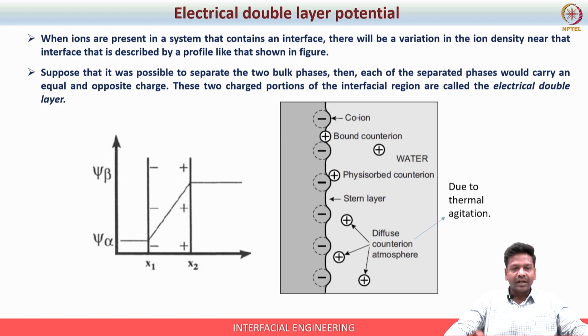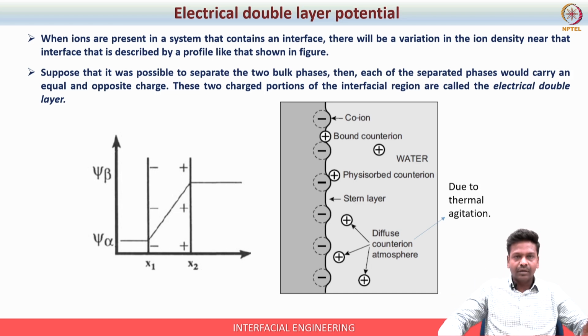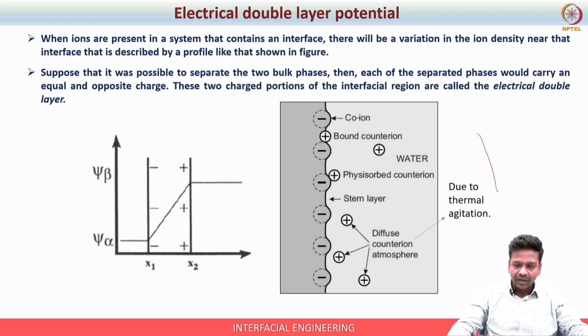what is known as electrical double layer interaction or potential. Whenever you deal with an electrolyte medium, let's say you have a container with the electrolyte medium. Let's say you have a salt like NaCl, with Na plus, Cl minus, Na plus, Cl minus like that.